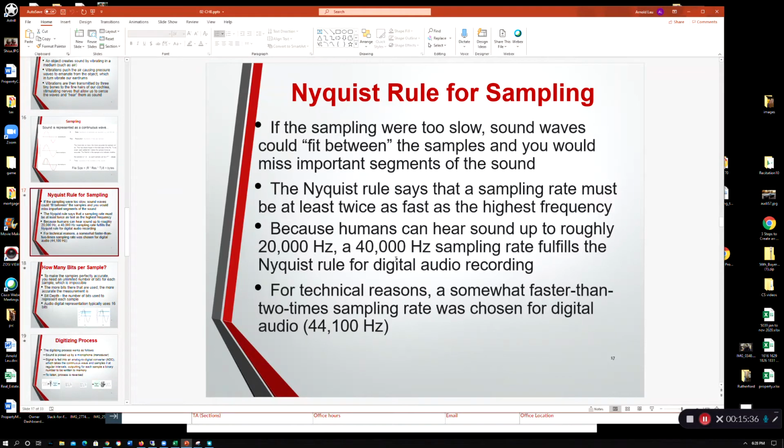If you're some other animal and we're recording stuff for them, and they have a higher frequency range for what they can hear, then you have to adjust your Nyquist sampling, right? You remember, I don't know how many videos it was, we talked about perfect reproduction.